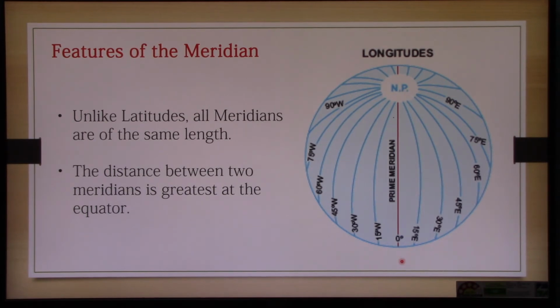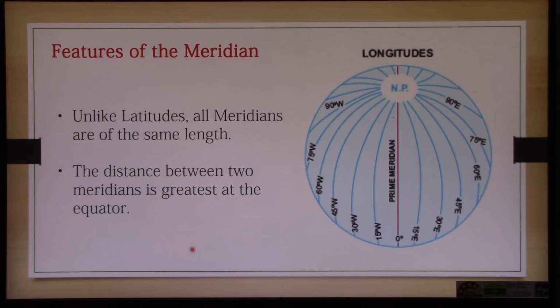It gets shorter and shorter. But in case of meridians, they are of the same length. Starting from North Pole, ending at South Pole, all are of the same length. See, look at all of them. They are all of the same length.